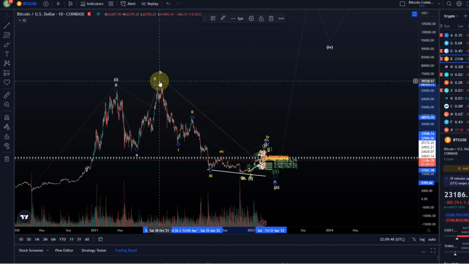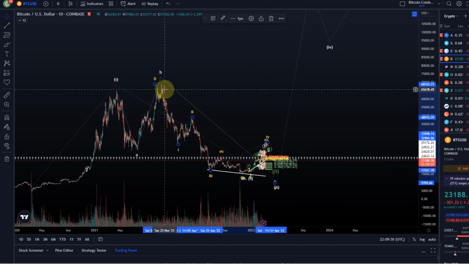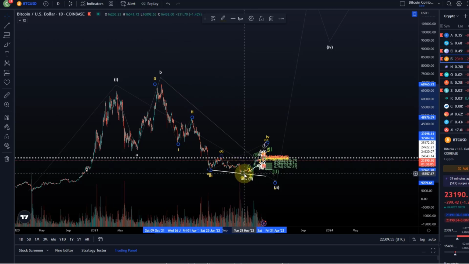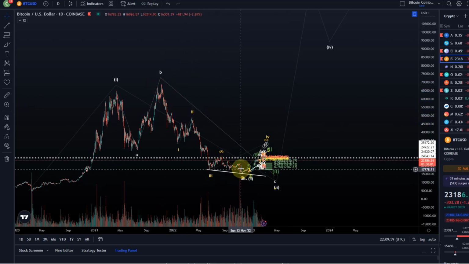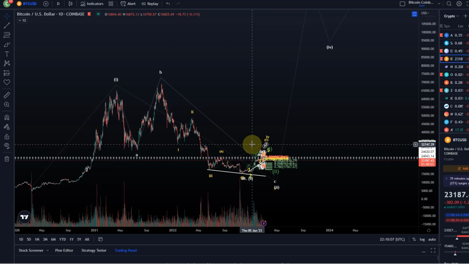But the point is that we technically have enough waves to the downside to consider the entire move down complete, but we don't have the confirmation yet that the bear market low was in, and I'm still leaning towards one more lower low. I would still like to see Bitcoin in the 14K region, maybe 13K, maybe even a little lower. I mean, it sounds strange.